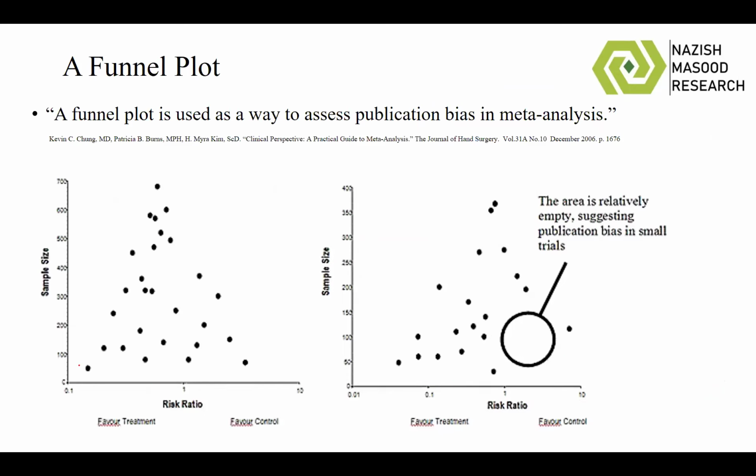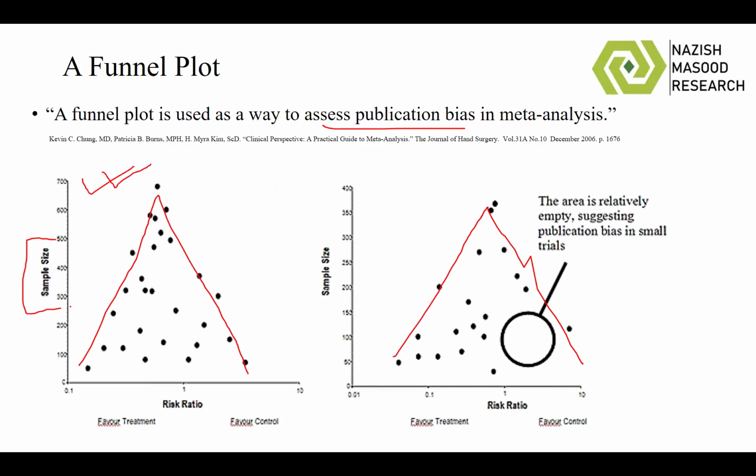And like I said, the funnel plot is like an inverted funnel. You can see here, you can see here. And you can see that the funnel plot is used to assess publication bias. So in the first one, the y-axis represents sample sizes, and this is the risk ratio.